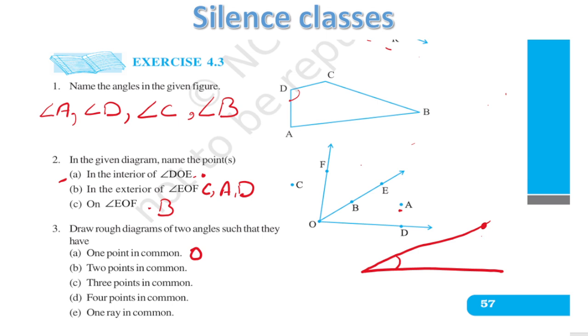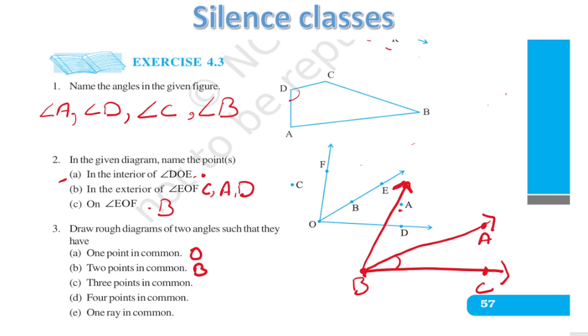You can name them A, B and C. What we can do is, we will get one point, two points. We want two points in common, so we can take this. If you want, you can draw a diagram like this. You can draw a diagram like this, and you can also draw a diagram like this. So you can check it out.